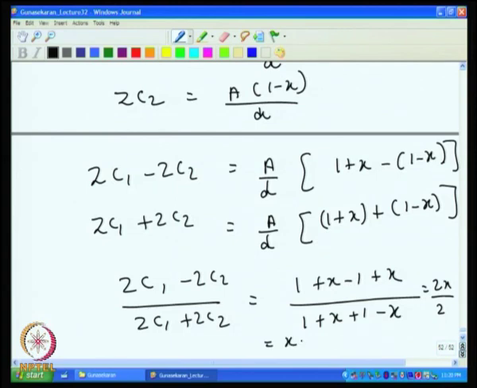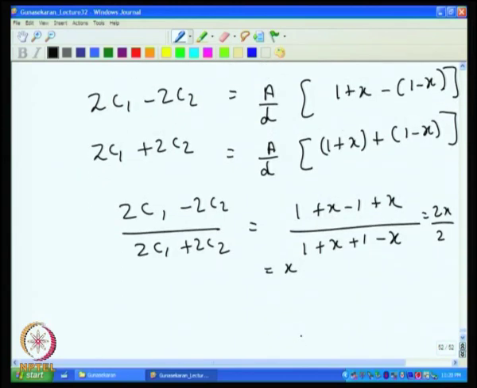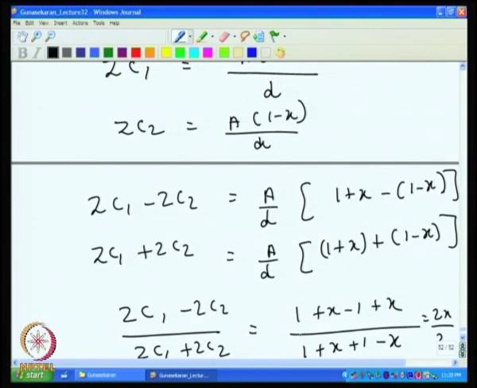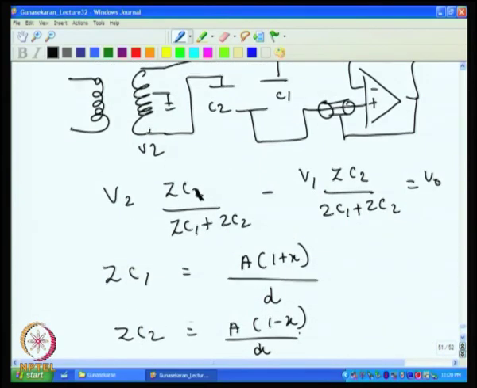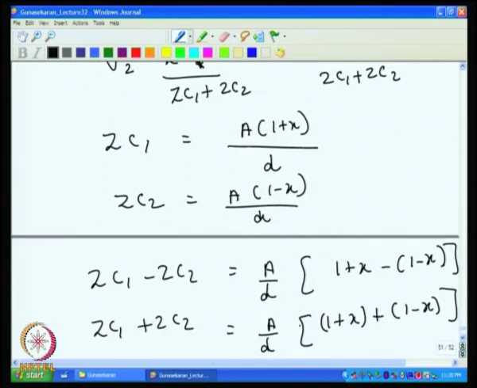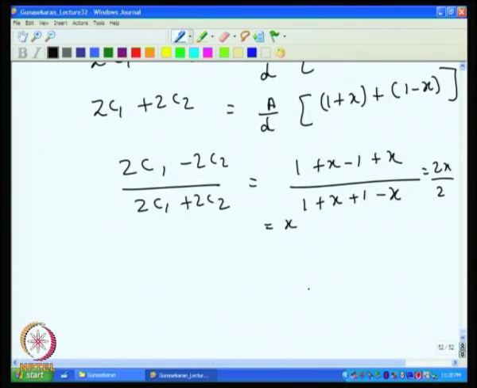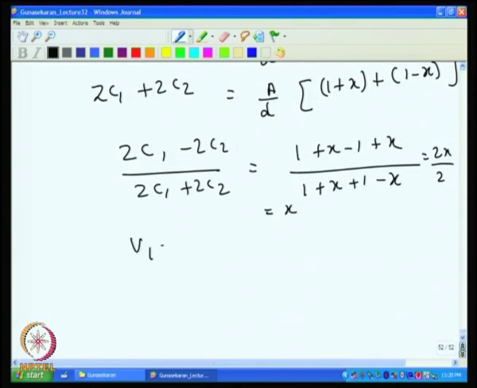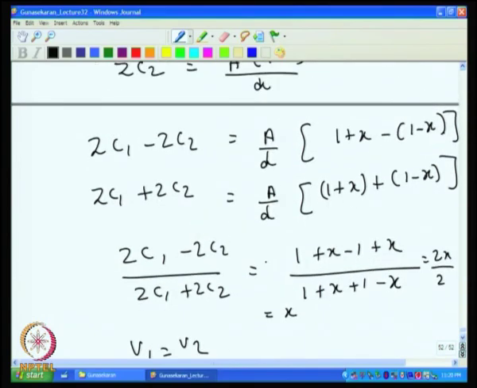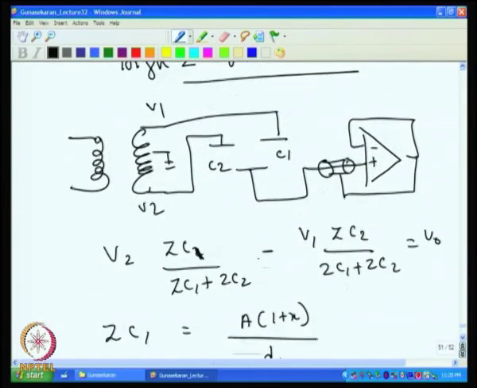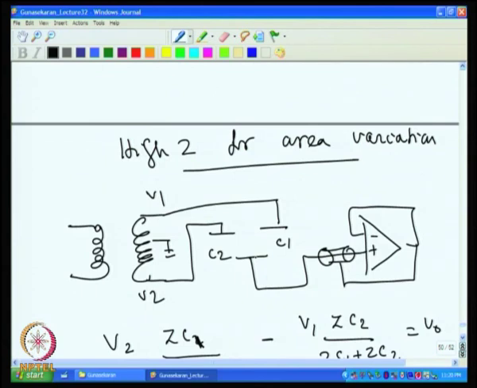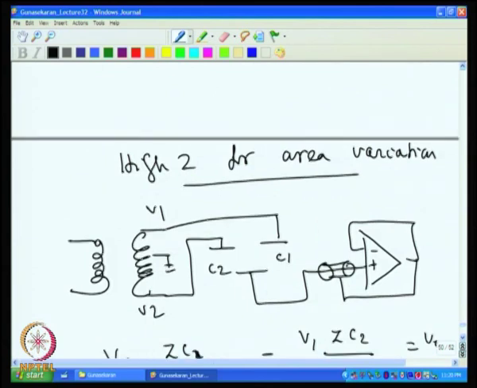So the ratio comes as x. That gives the output voltage: if V1 is equal to V2, then V0 will be V into x. It is again linear. So the amplifier for area variation turns out to be linear.